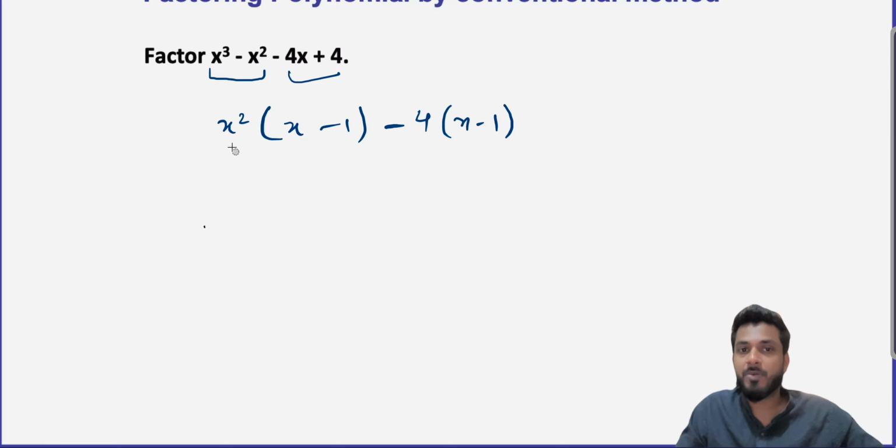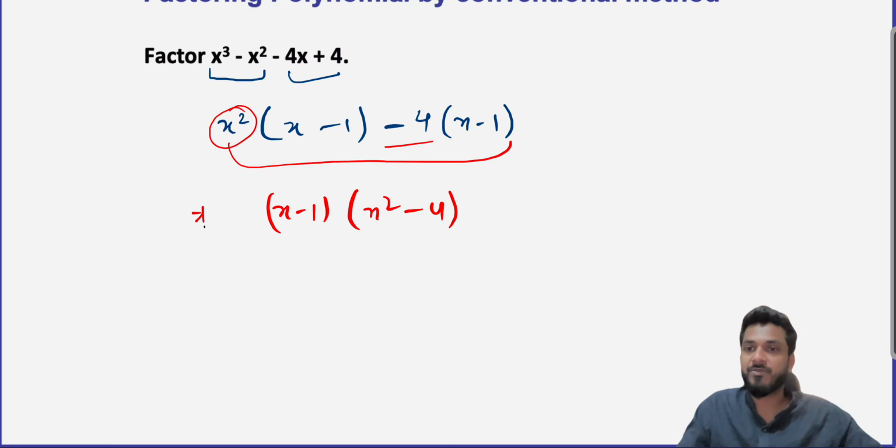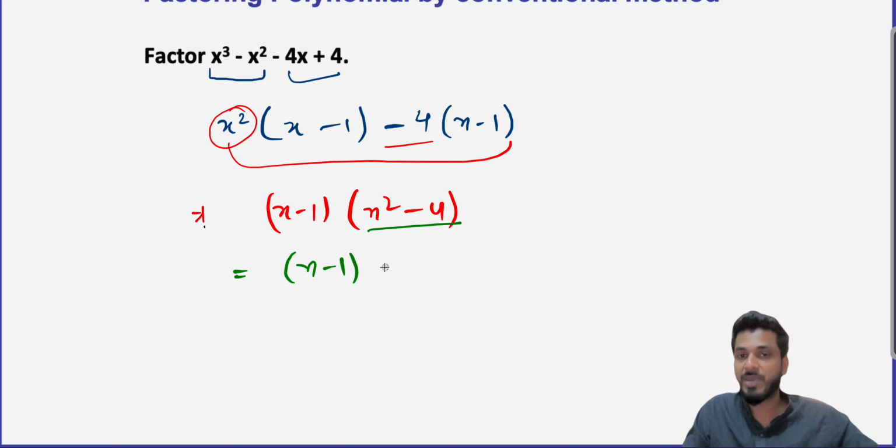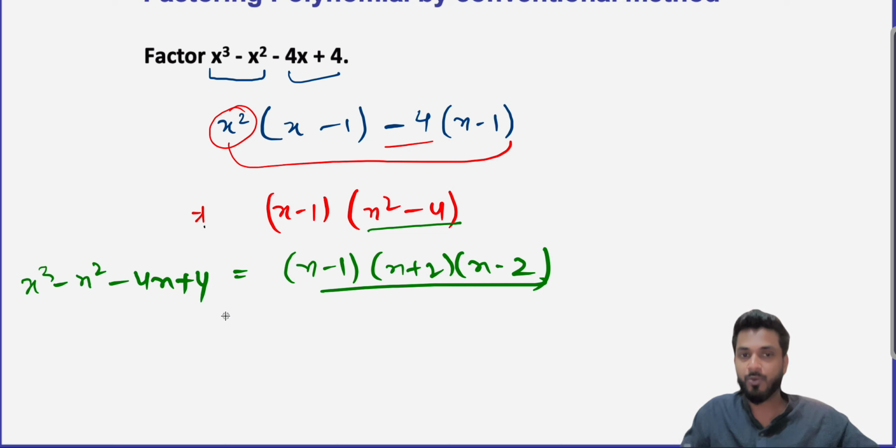Now from this whole expression, we can take x minus 1 common and we are just left with x square minus 4. So our final answer would be x minus 1 into x square minus 4, or further we can factorize x square minus 4 as x plus 2 into x minus 2. So this will be the factorized version of x cube minus x square minus 4x plus 4. This is how we factorize by the conventional method.